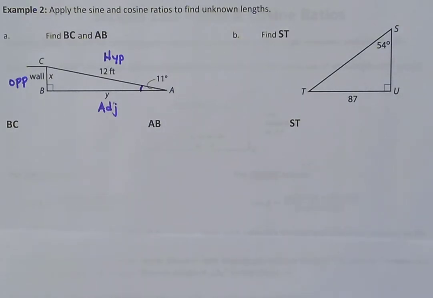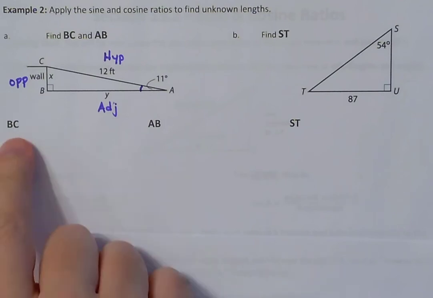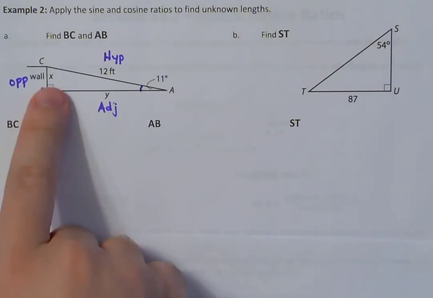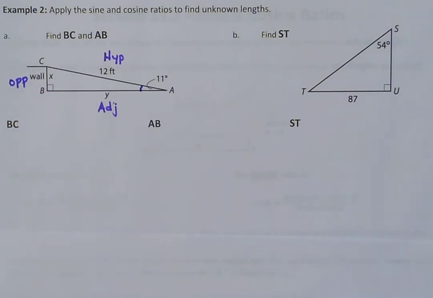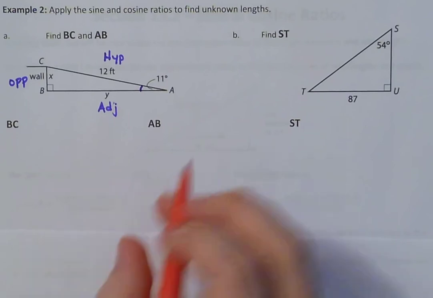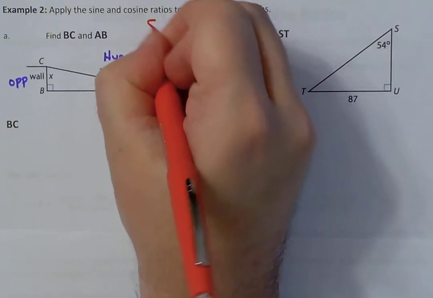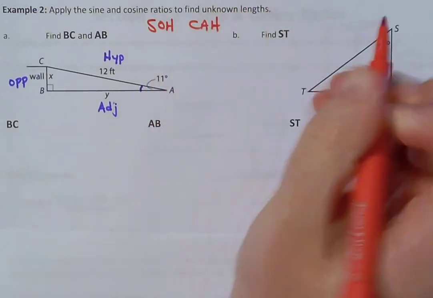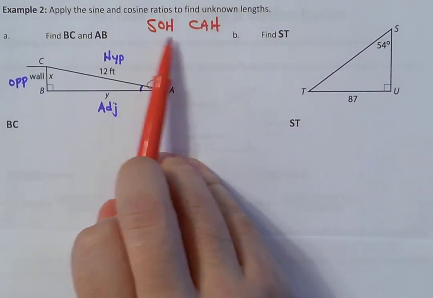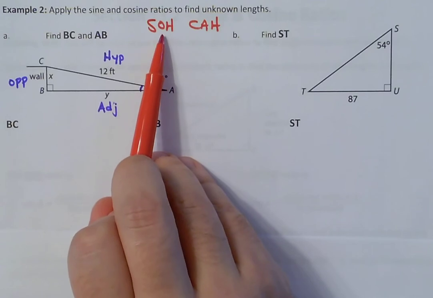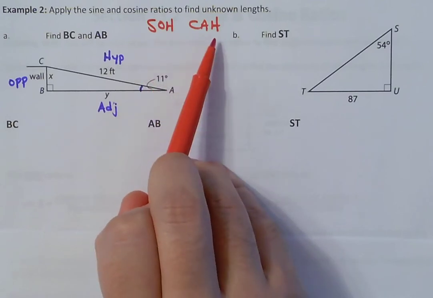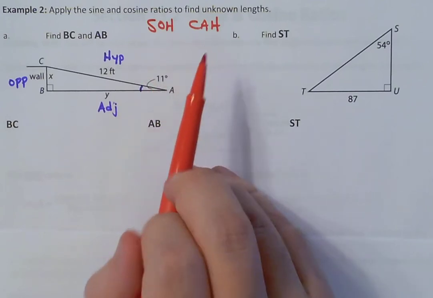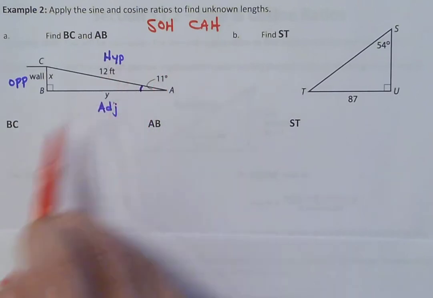All right, so if we want to figure out BC first, so that's going to be our first one. BC is this side length here with x. To know if you should use sine or cosine, we need to figure out what two letters it is, is it O and H or A and H, to indicate this. So we want to figure out BC.